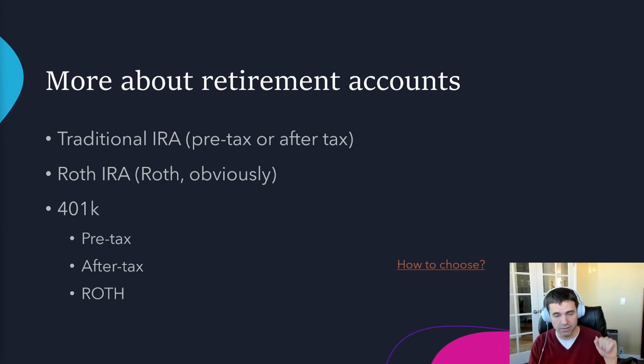Now, the after-tax has a limit as well, but it's a much higher limit than the Roth limit. So you can contribute and fill up your Roth, you can contribute and fill up your after-tax, and then you can convert your after-tax money into a Roth by paying tax on the growth that you've already had, which if you roll it over frequently, that growth won't be very significant because it just barely went in there in the first place.